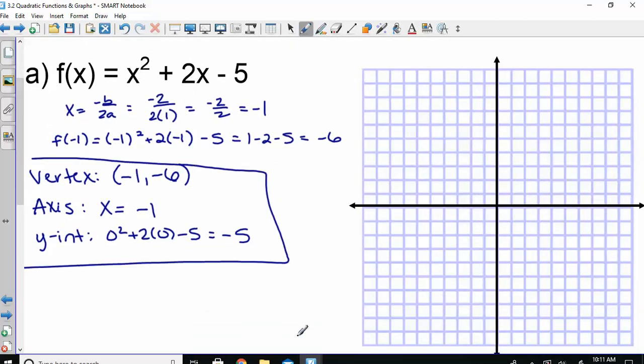Okay. I want to stop and graph this stuff. So my vertex was at negative 1, negative 6. Axis of symmetry, we just draw that as a dashed line going through the vertex.